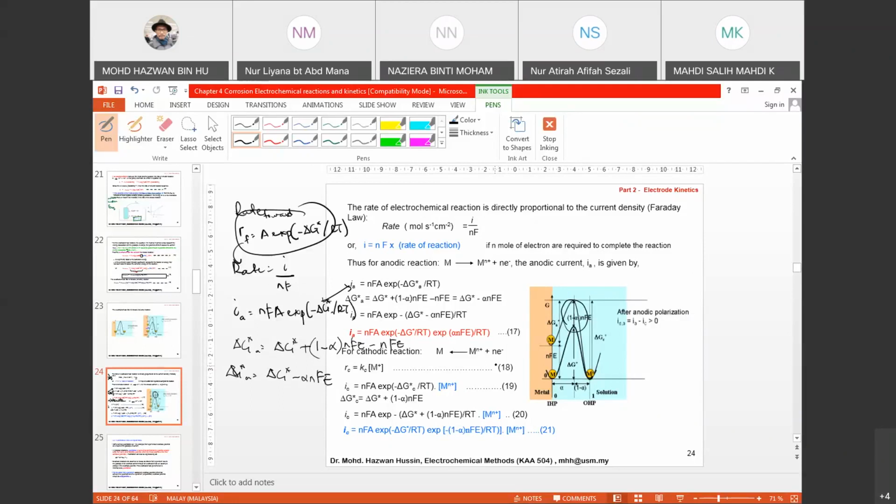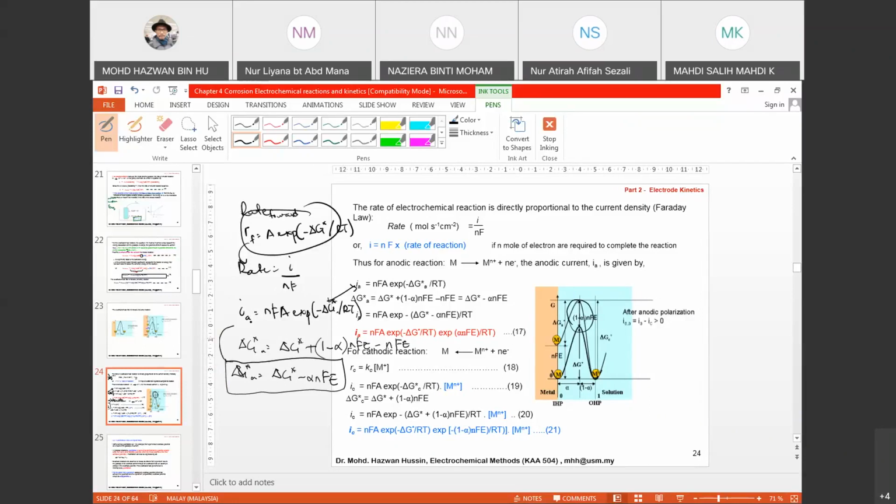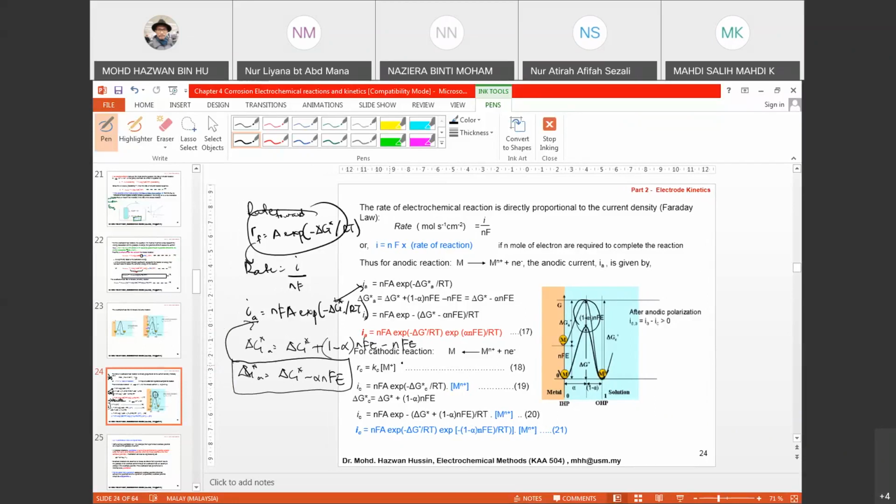If you substitute this into this one, you will get the final term: anodic current density equals nFA exponent minus delta G asterisk over RT, exponent alpha nFE over RT.